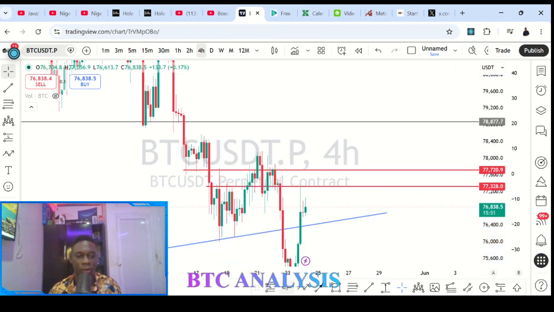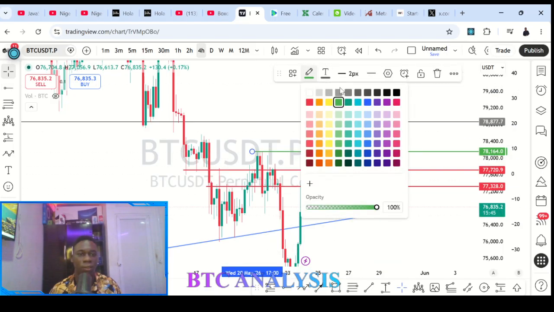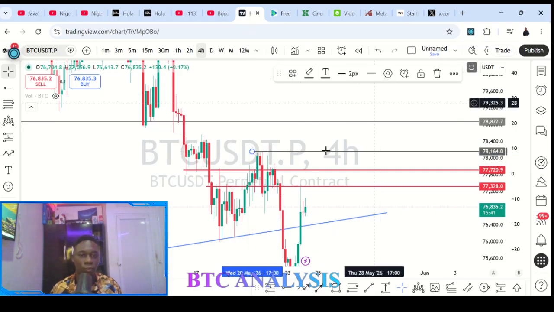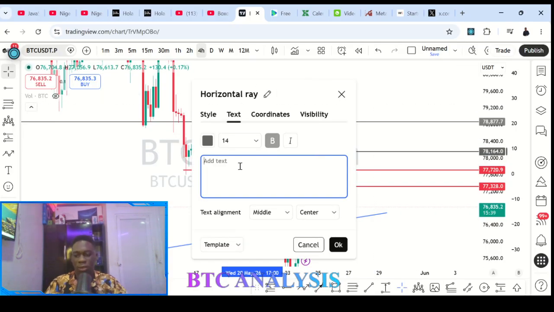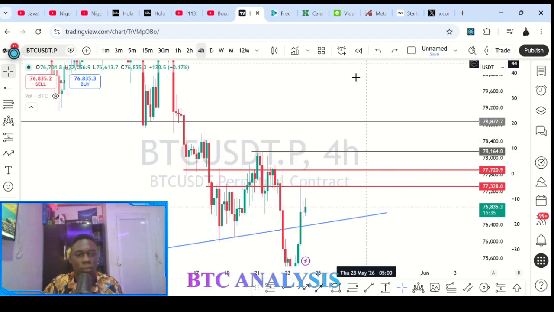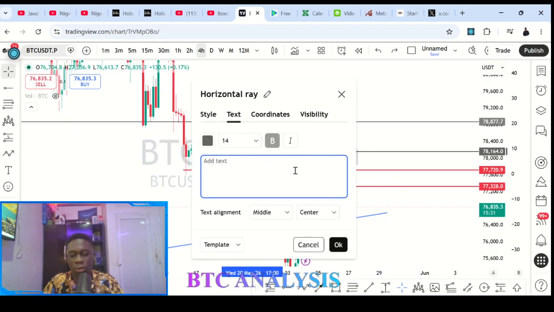So I think maybe I'll label it so that you guys can understand. So this is where it gets invalidated. So right here is the head and shoulder.